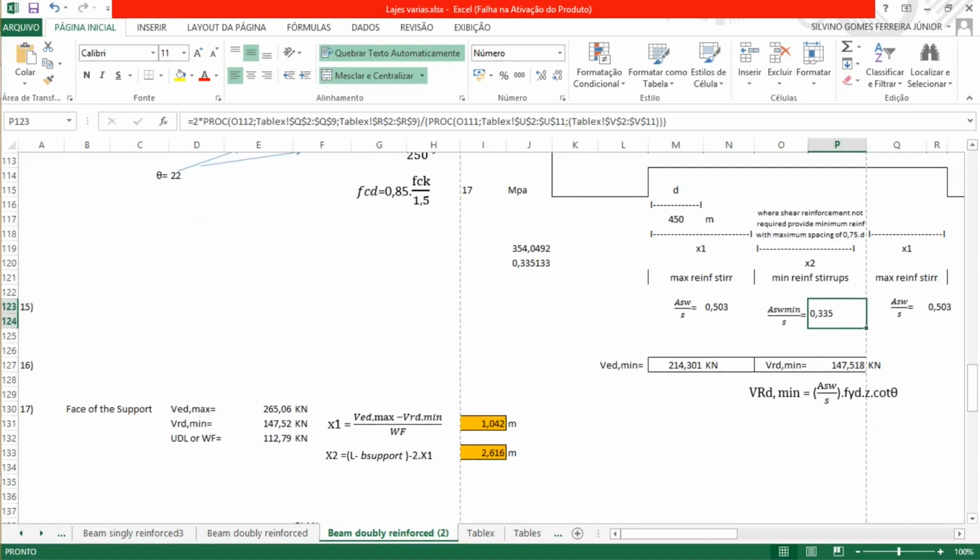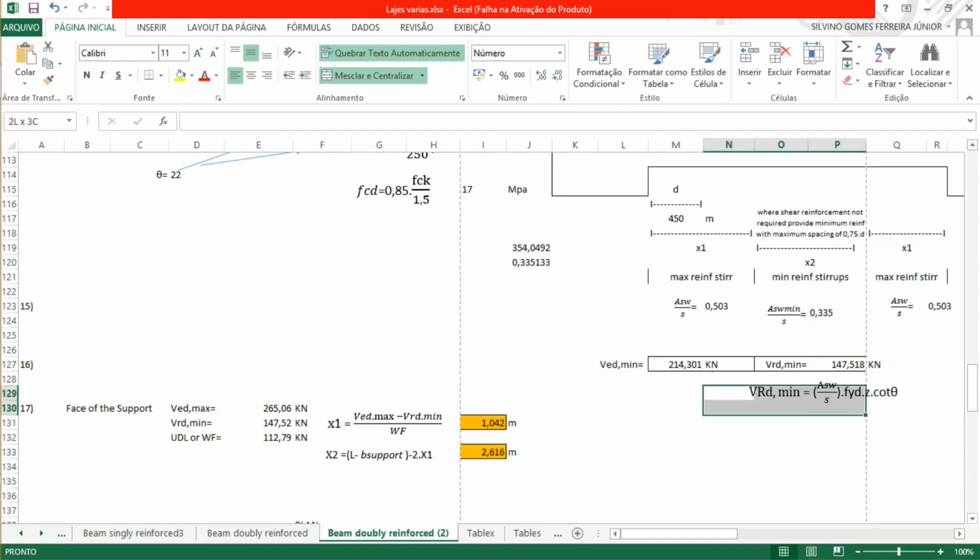we know from the equation the VRD minimum will be equal to this. So this VRD minimum is basically the area over the spacing multiplied by FYD multiplied by the lever arm that was 0.9 multiplier of D multiplied by cot theta, that is 2.5 that we adopt.